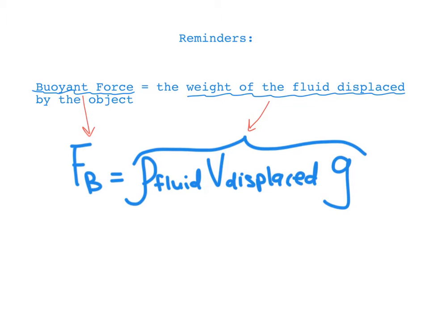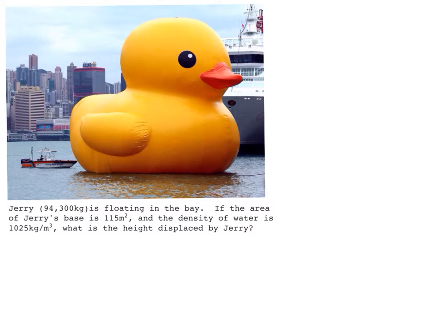So, let's jump into some of the more complex problems that you might see dealing with buoyant force. Well, looks like Jerry had one too many Girl Scout cookies, but let's see what we can find out about this problem. Jerry, who has a mass of 94,300 kilograms, is floating in the bay.